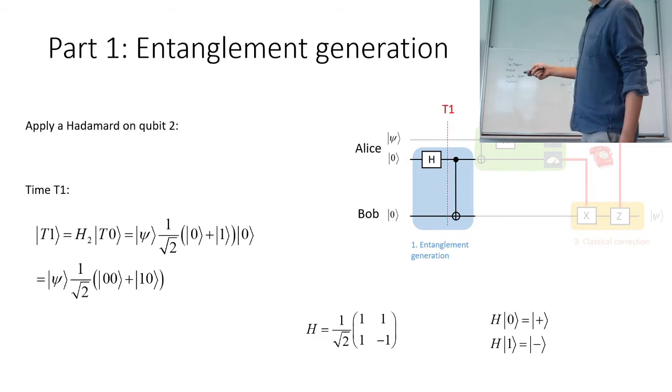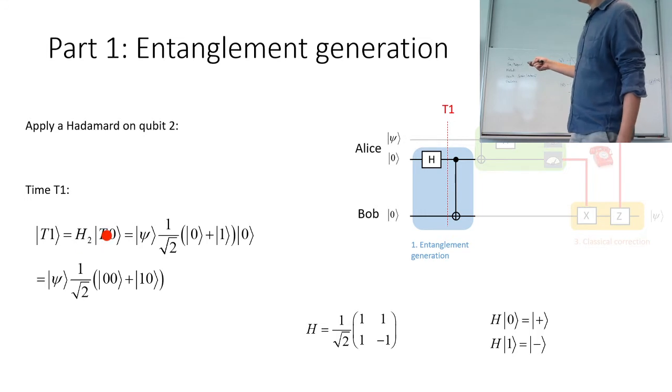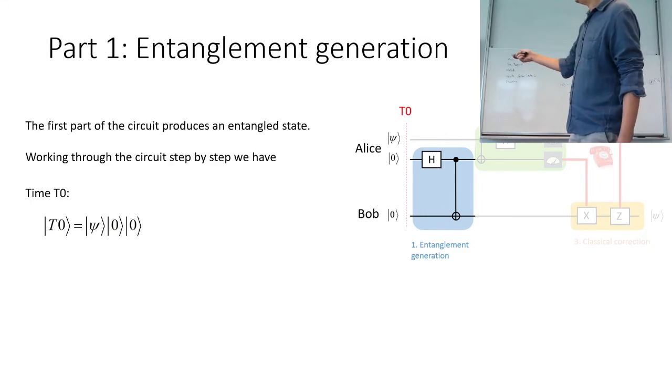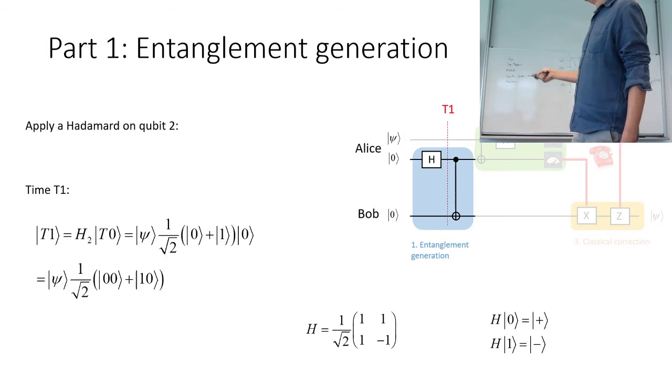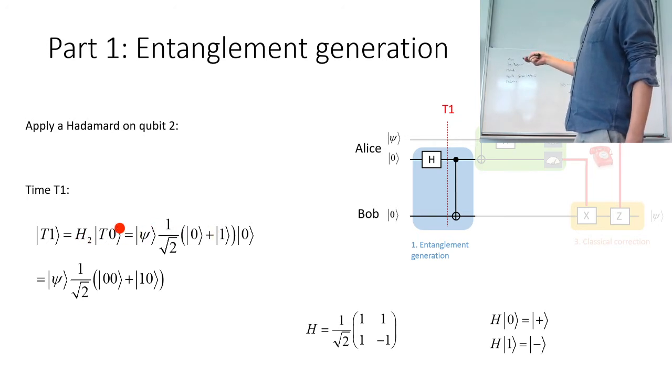The first thing we do is apply this Hadamard gate on the initial state, the previous state on the previous page. If you remember, the Hadamard gate on state 0 produces the state 0 plus 1. So after the Hadamard gate the state is 0, 0 plus 1, 0.